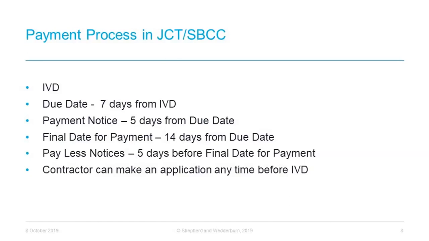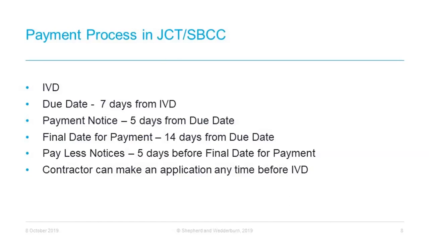In this regard, we just wanted to flag that there is a difference in the D&B contract, design and build contract that is, in the SBCC, which should be noted from the standard building contract. The D&B contract remains contractor-led in the payment process. So if an interim application is not received by the IVD, the due date for that month shall be 7 days from the date when the interim application is actually made and received by the employer.